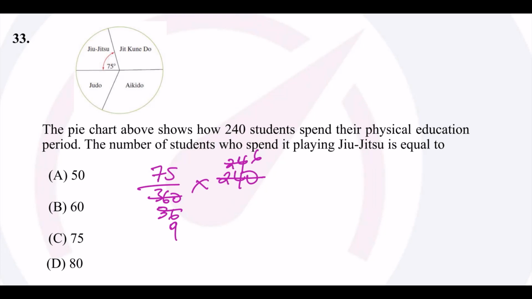And then 3 into 6 goes 2 times, and 3 into 9 goes 3 times. And then 3 into 75 goes 25.